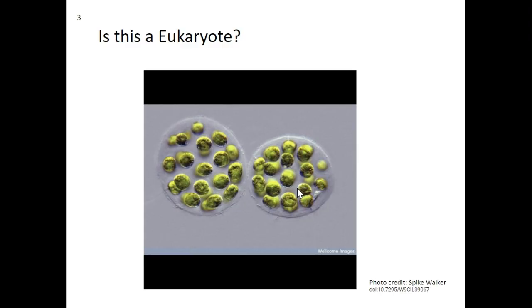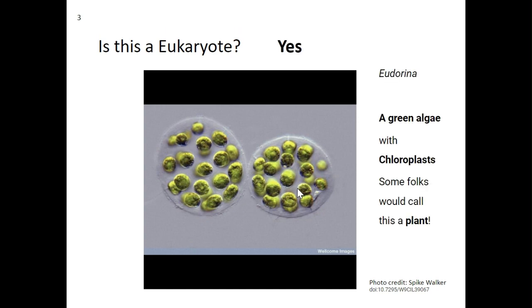Okay, is this a eukaryote? Okay, so the answer here is yes. This is a green alga called Eudorina, and it has chloroplasts. Here's my thinking for it.